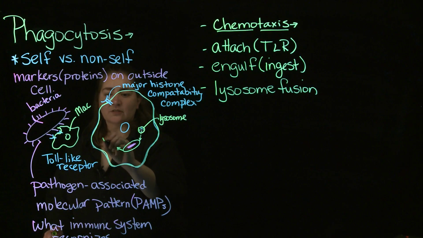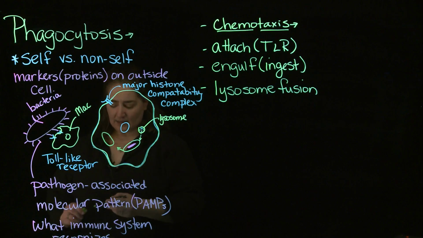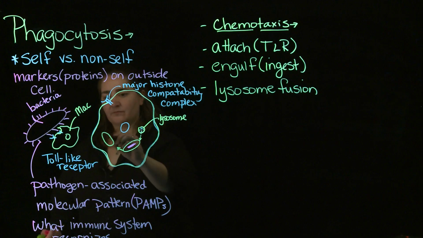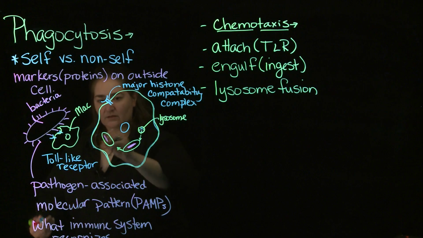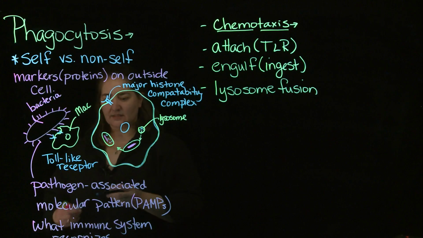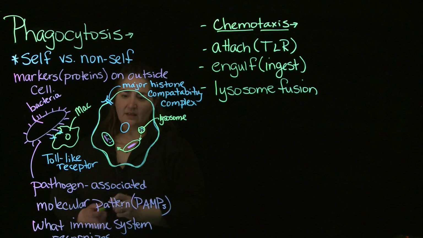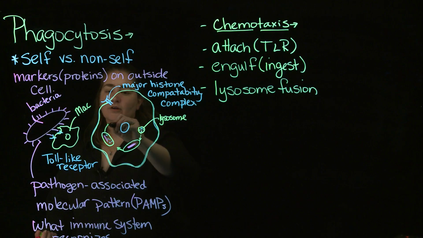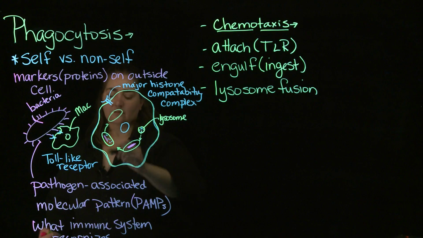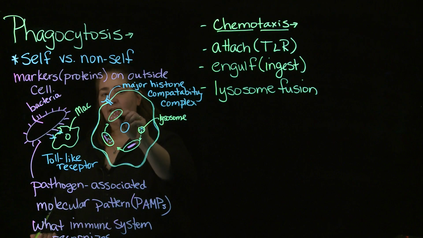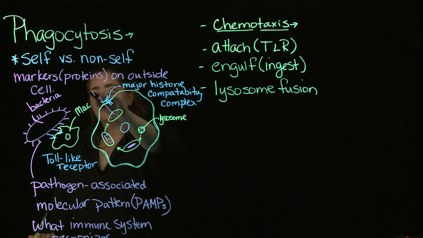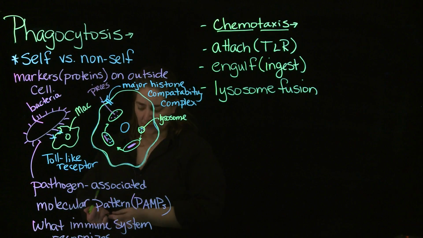Once that fuses, and we now have our bacteria with those lysozymes inside of it, that's now going to target that bacteria, and it's going to break it down into little bitty pieces of protein.